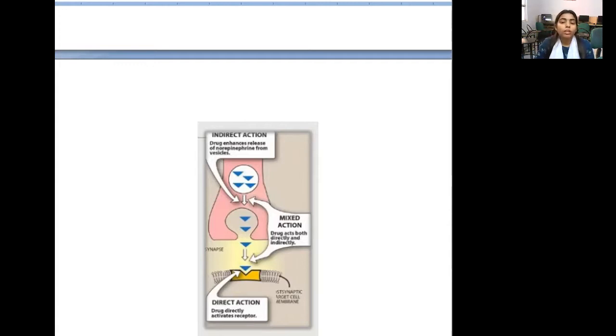The examples of the catecholamine are epinephrine and norepinephrine, and they directly act on the receptor. Whereas the examples of non-catecholamine are amphetamine and methamphetamine, and they indirectly act on the receptor.